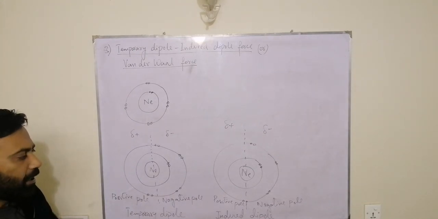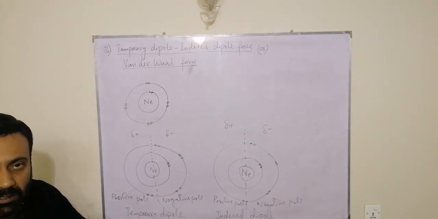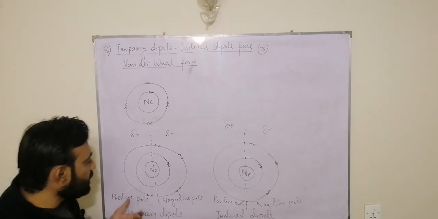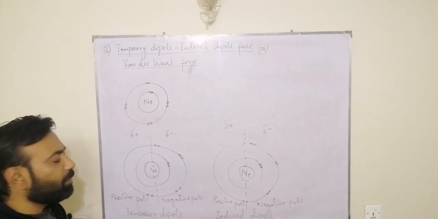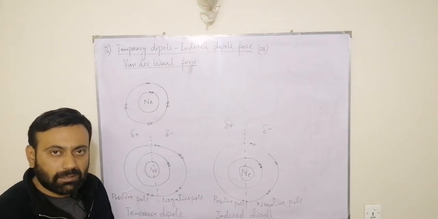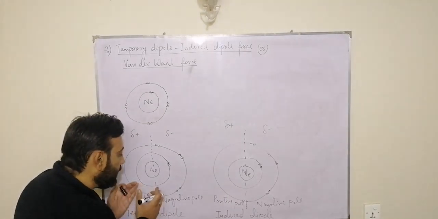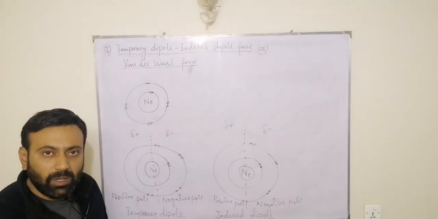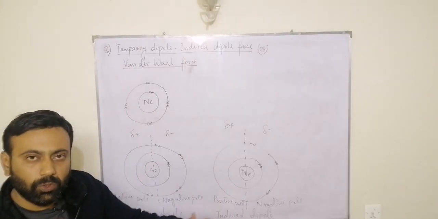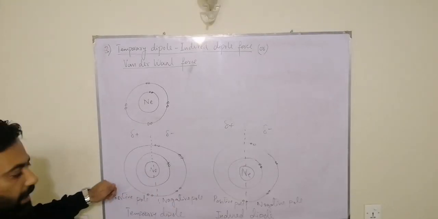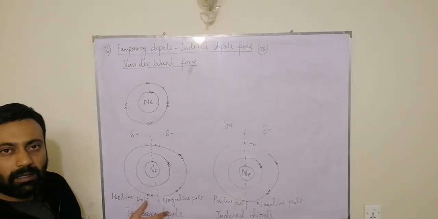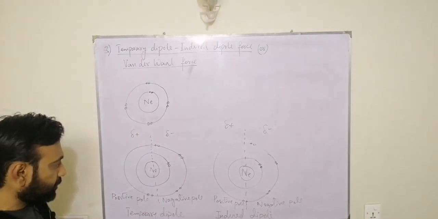Okay, again, none of these dipoles is permanent. This is a temporary dipole and this is an induced dipole. The temporary dipole will not last longer, and as it is not a dipole anymore, this won't be a dipole anymore too, because the induction due to the negative pole of this dipole would be eliminated.